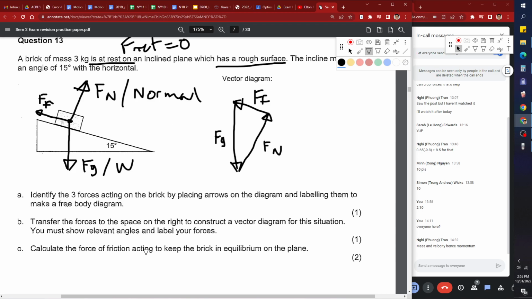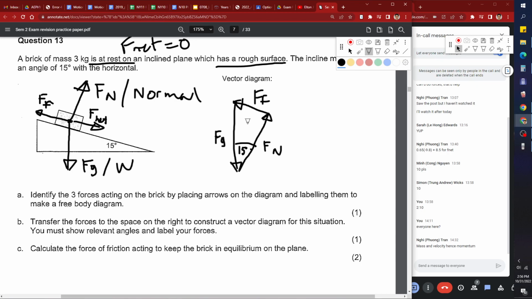Calculate the force of friction acting on the brick in the equilibrium plane. Well, basically, this force here, because of those two, the net force is 0 because it's not moving, right? So this force equals that force. So really, if you want to calculate it, just find that, okay?